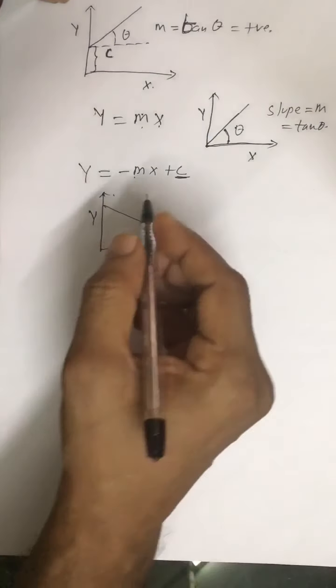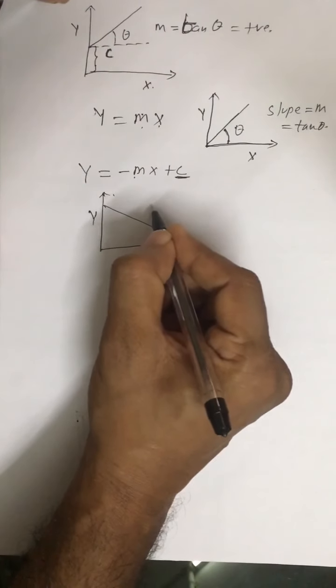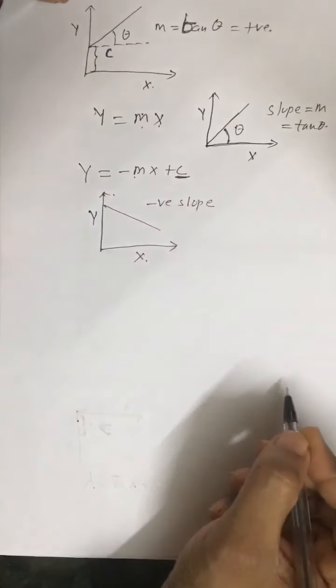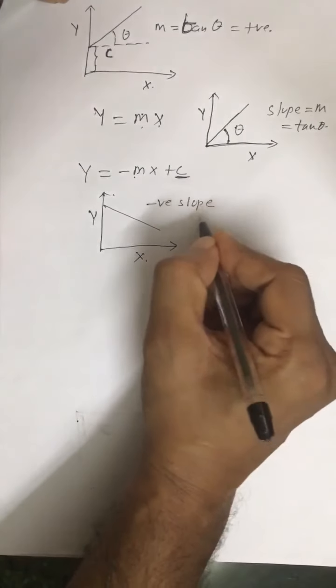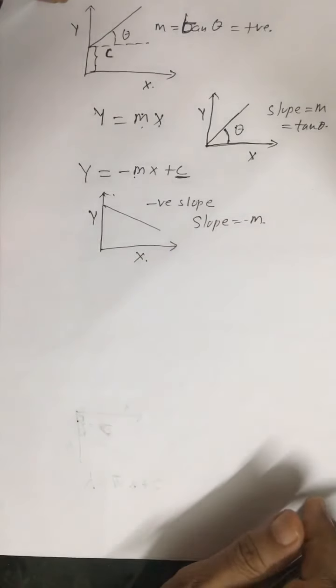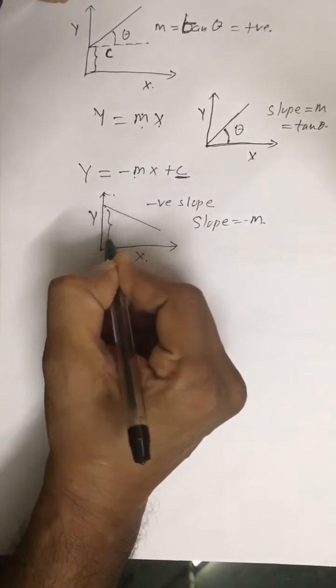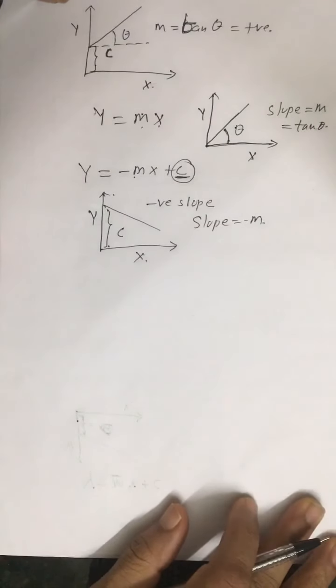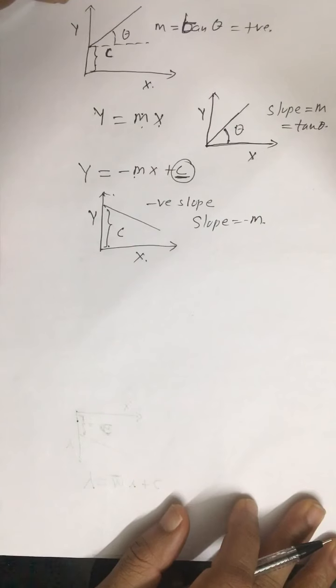Here it is a negative slope, and the value of slope is equal to minus m. And this is the intercept, which is positive.